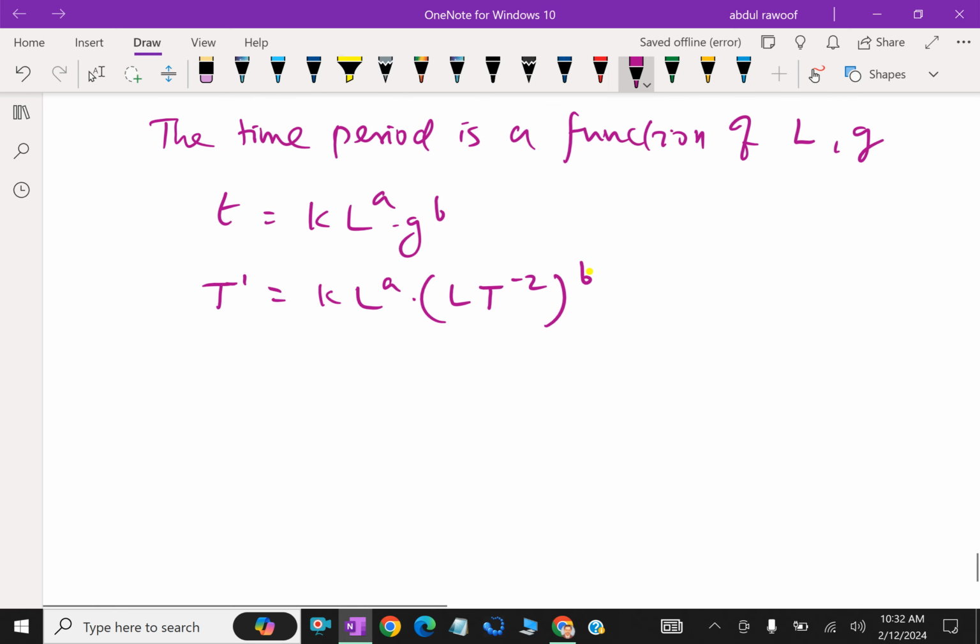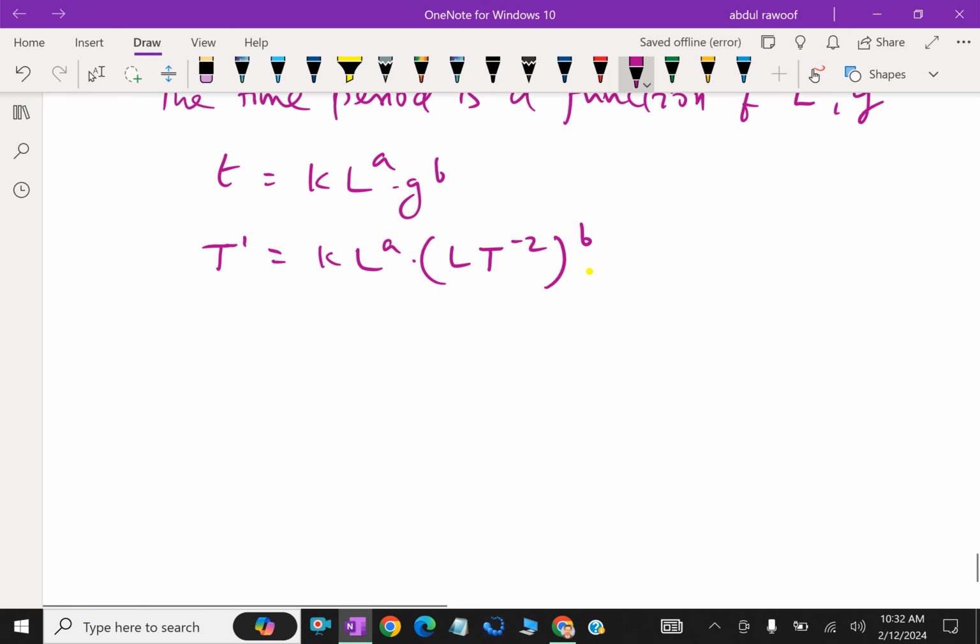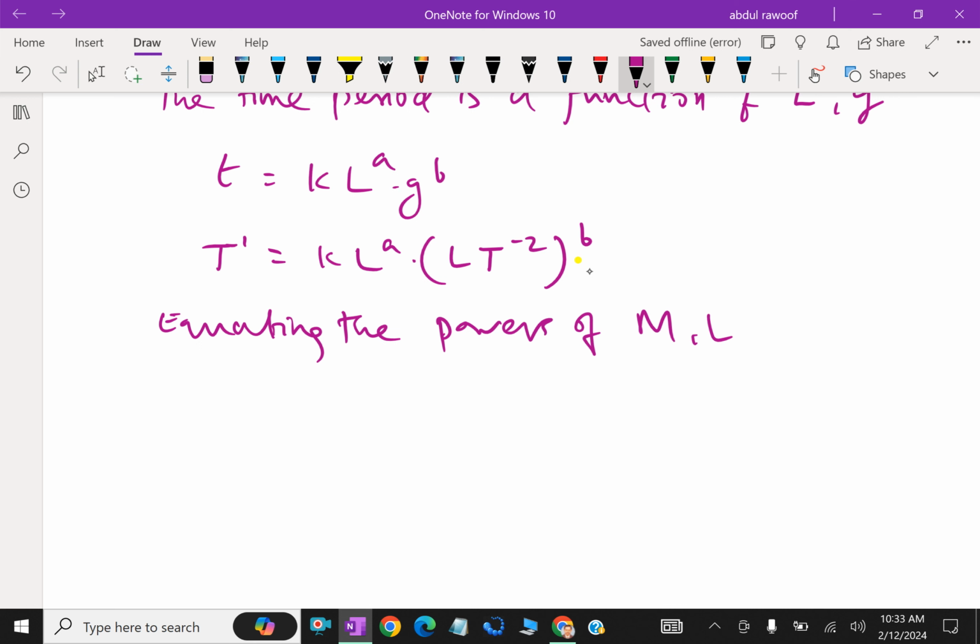Equating the powers of M, L, T on both sides.